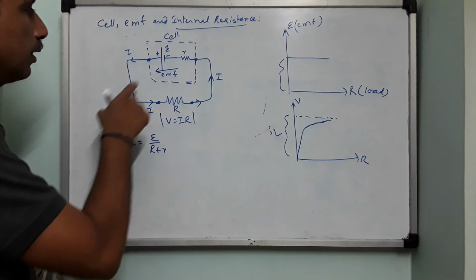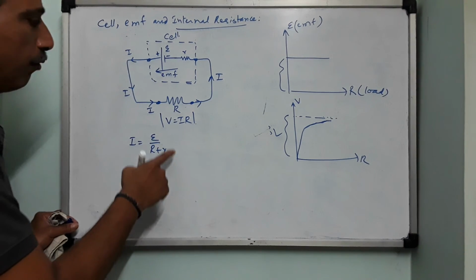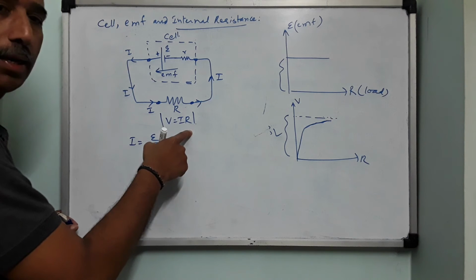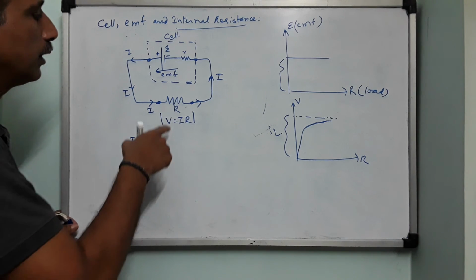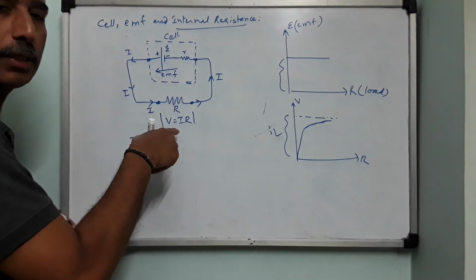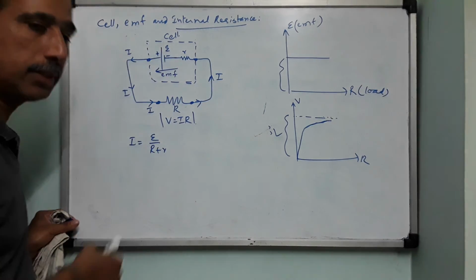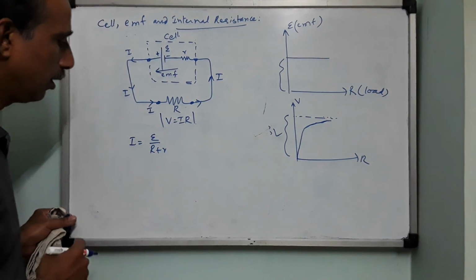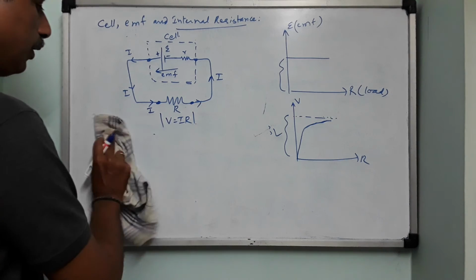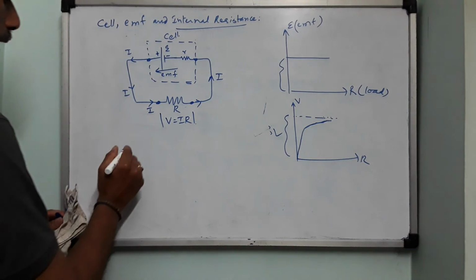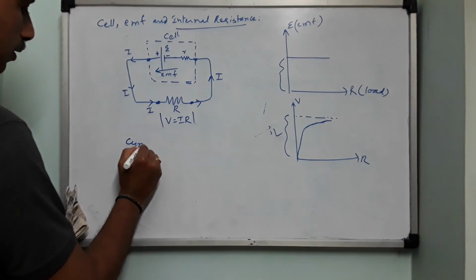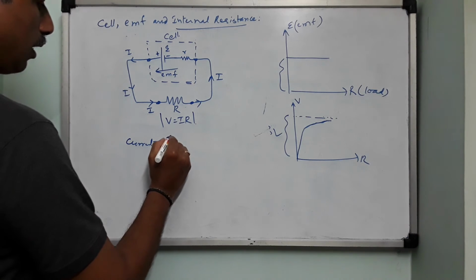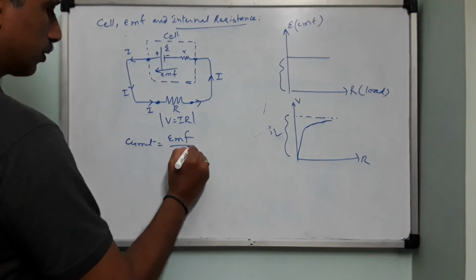Current I is nothing but Ohm's law only. Again, V equals IR, I equals V by R. But we don't take V because it is not the resistor that is driving the circuit. It is the battery that is driving the circuit. So if you want a clearer explanation, I write it as net current equals EMF divided by net resistance.